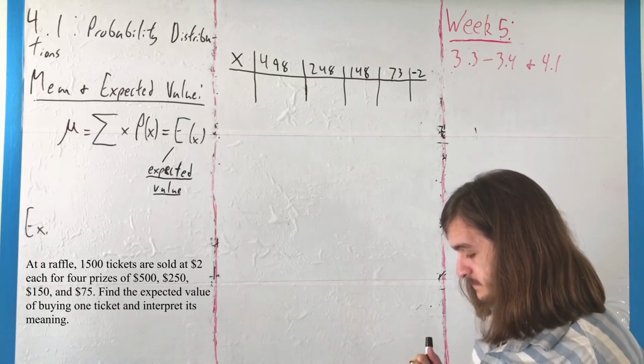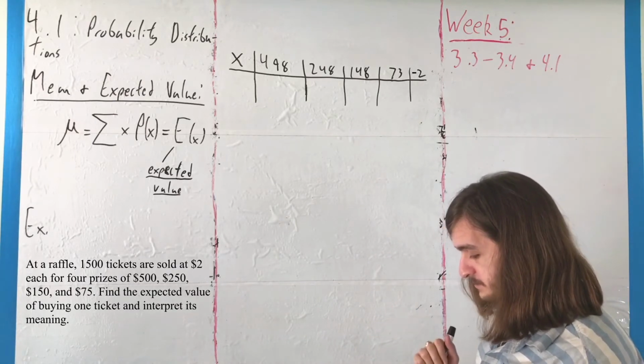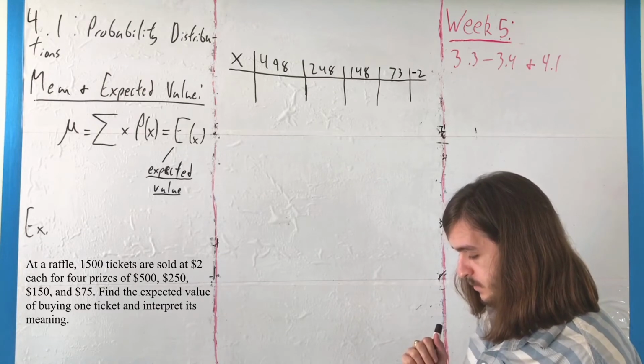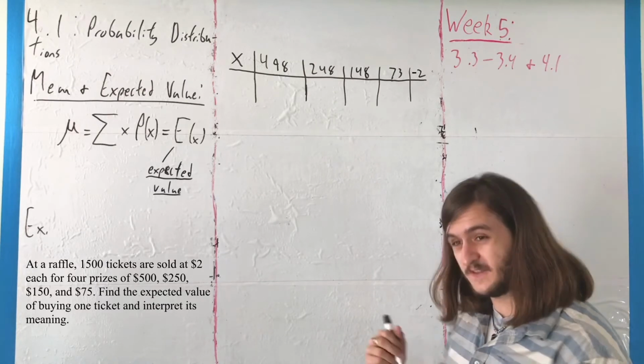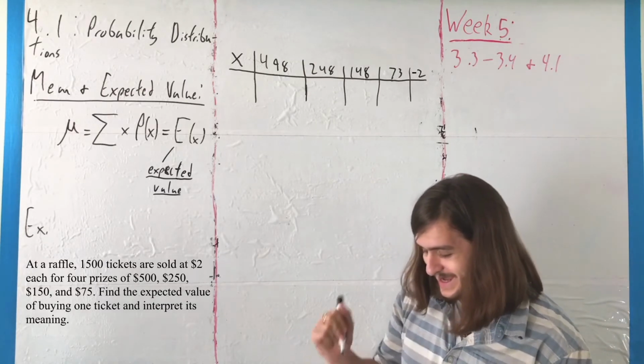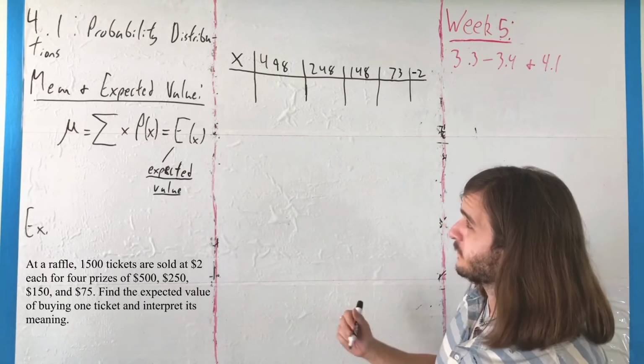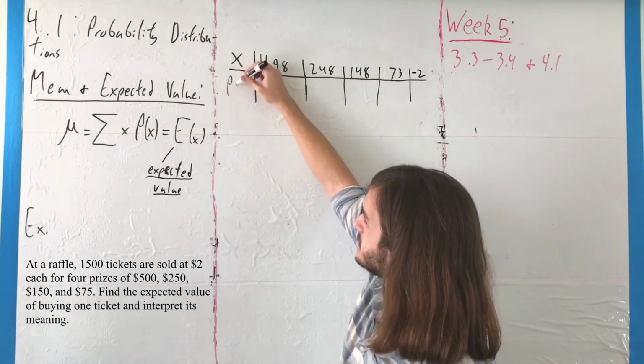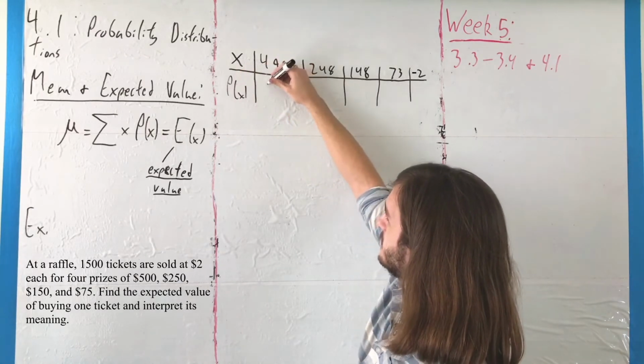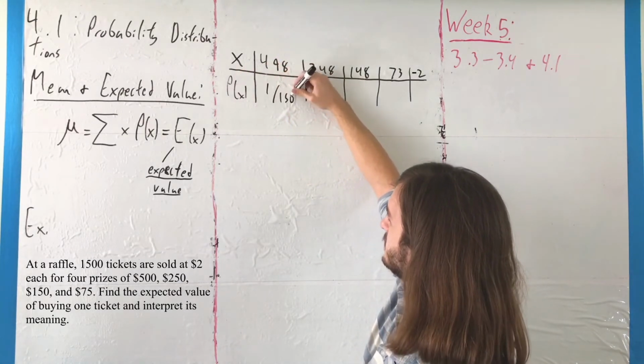From this, we need to interpret how these prizes work, where we are told that 1,500 tickets are sold and there's only one each. So for the $498, if we want to get its probability, that's 1 in 1,500.